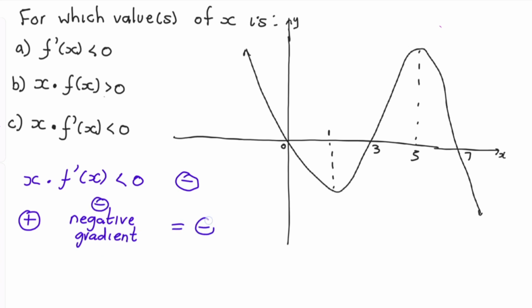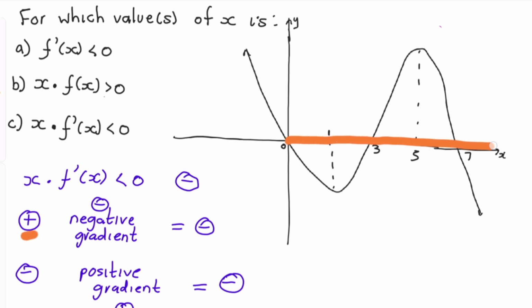That gives us a negative, or we could have negative x values and a positive gradient. That would give us a negative also. So firstly, let's look for positive x values.